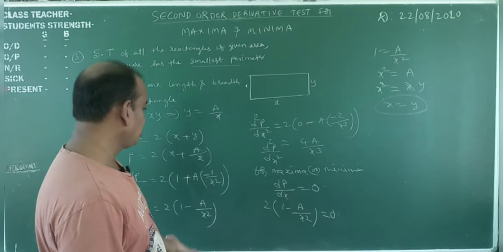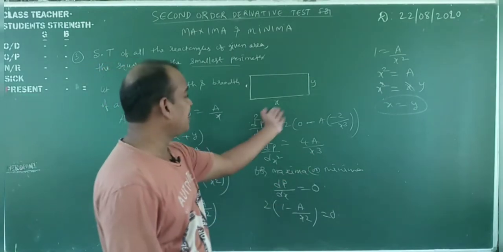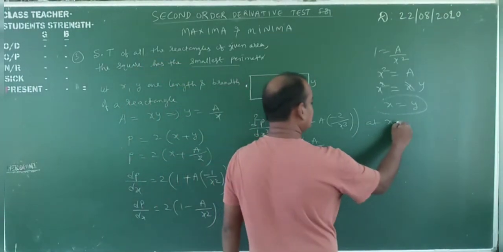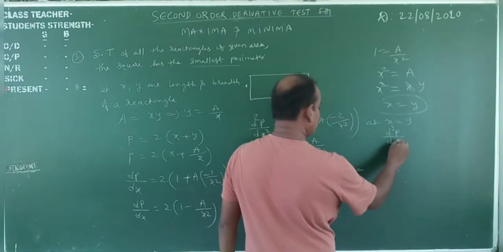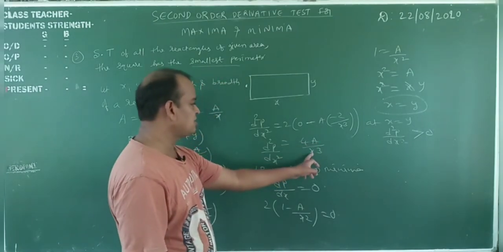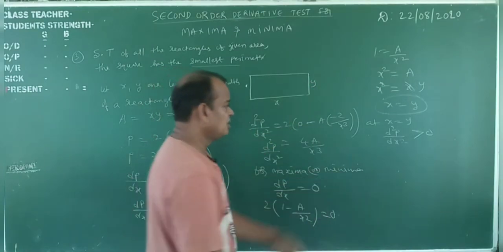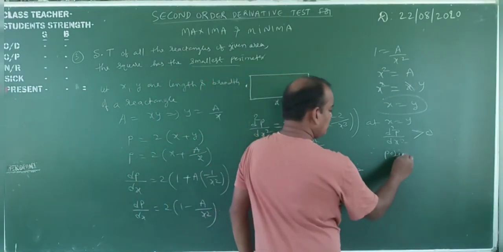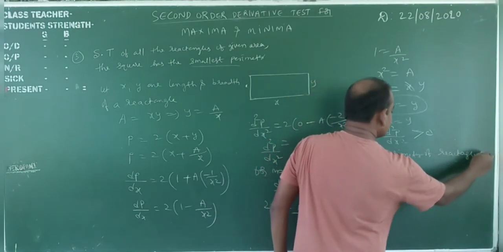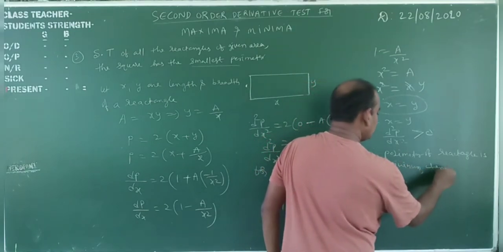Now substitute the x value here, giving y cube. Length and breadth are always positive. Therefore at x is equal to y, d square P by dx square is 100% positive, since the area and the length are always positive. Therefore the perimeter of the rectangle is minimum when x is equal to y.